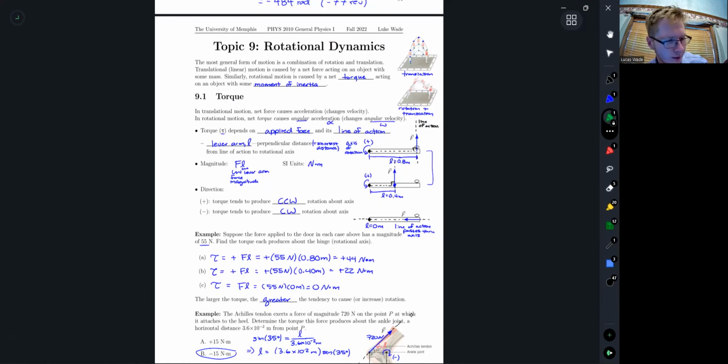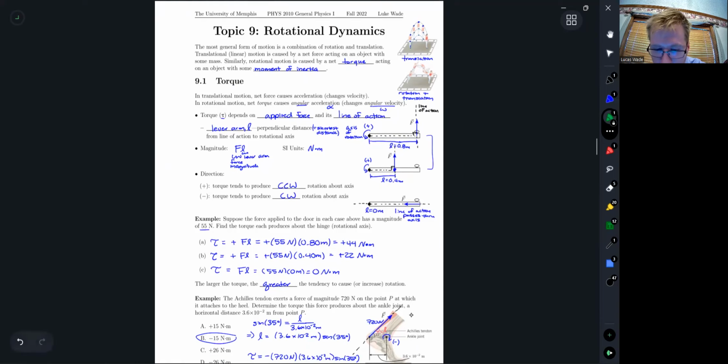So rotational dynamics: torque is the first thing we talk about. That is what causes or changes the rate of rotation of something. So if you have something rotating at a certain angular speed, the only thing that can cause that speed to change, at least if we're not talking about conservation of angular momentum, is torque.